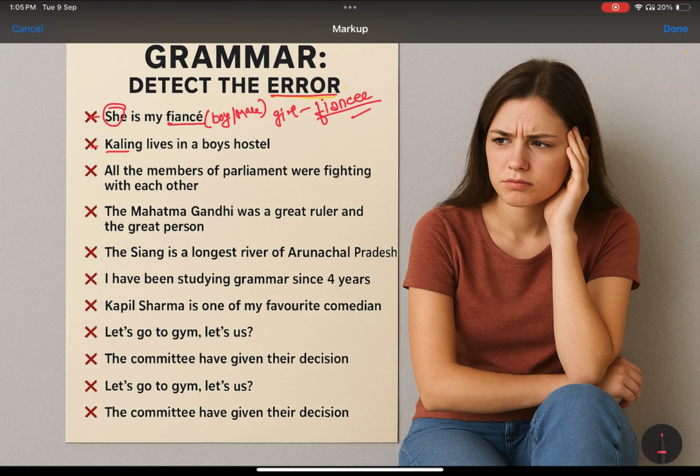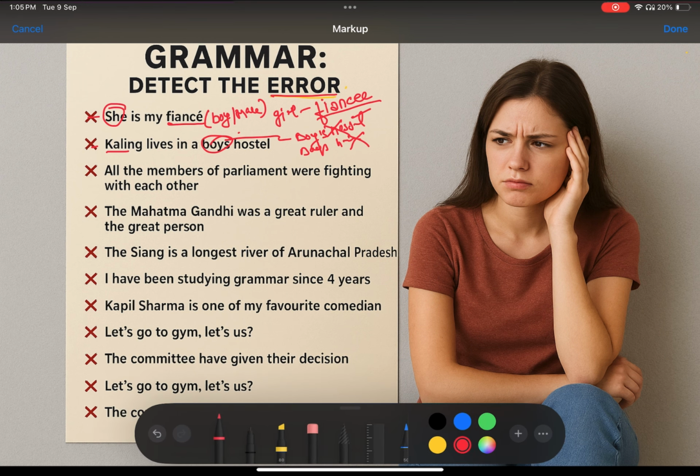Next, Kaling lives in a boys hostel. This topic is very important because यहाँ पे जो boys लिखा हुआ है, this is grammatically incorrect. You have to show that Kaling lives in a hostel that belongs to so many boys altogether, right? So in order to show possessiveness, you have to use an apostrophe after writing s.